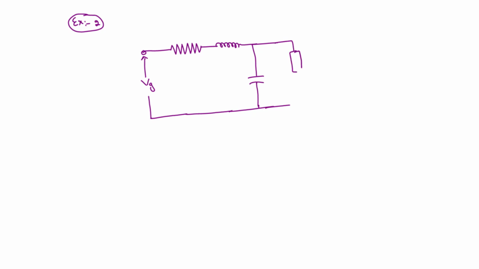So let me take an RLC circuit. There is an R, there is an L, there is a C. The input that we are giving here is Vg again, that means input voltage, and assume that there is one more load called R naught.